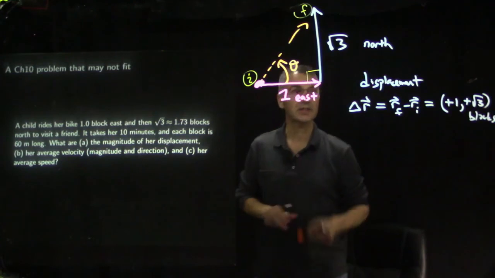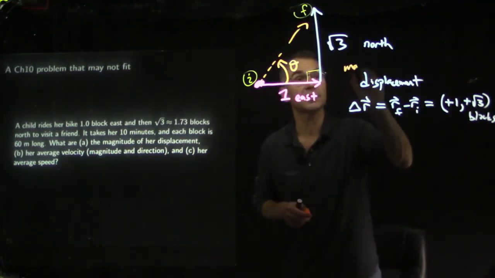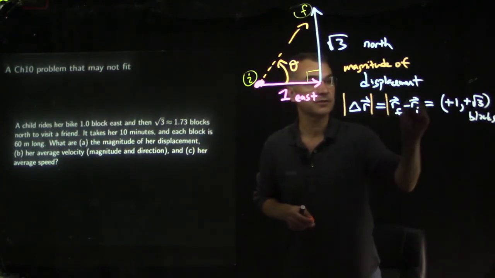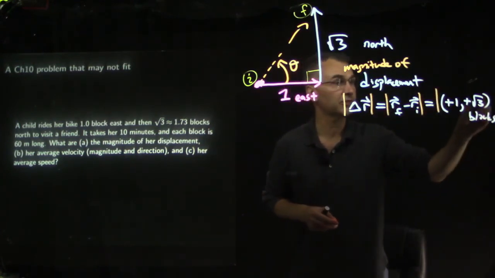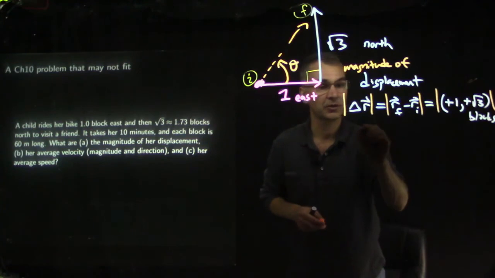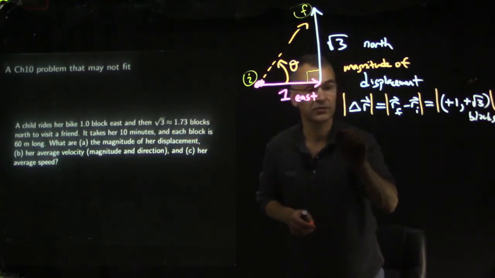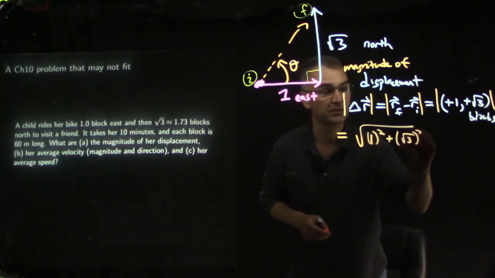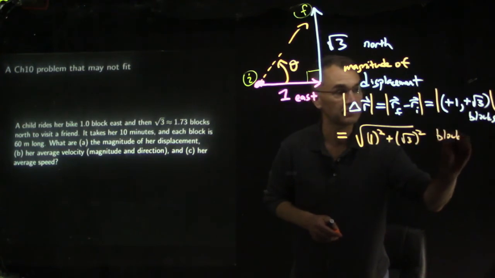And then if we want the magnitude of her displacement, that is the magnitude of this vector, and this is the square root of 1 squared plus square root of 3 squared blocks.